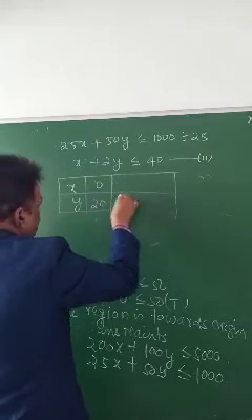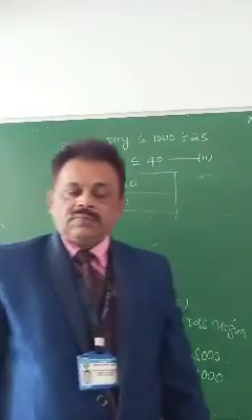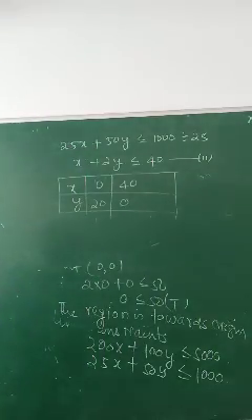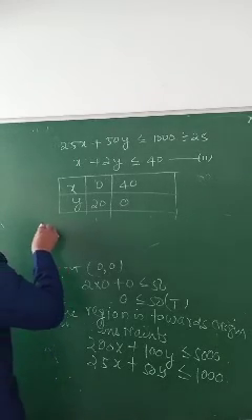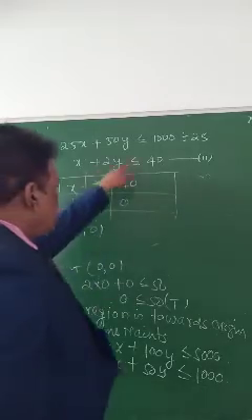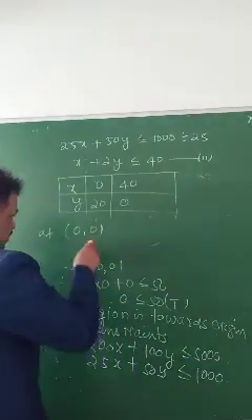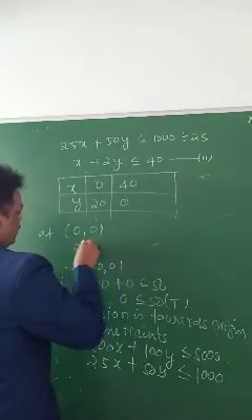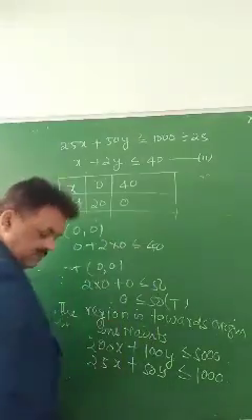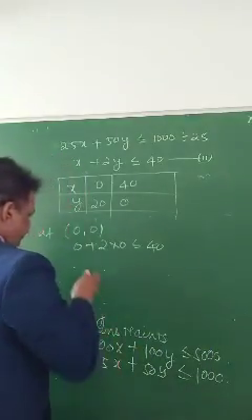Put y is 0, x is 40. Test of origin: 0 plus 2 into 0 less than 40 is true.